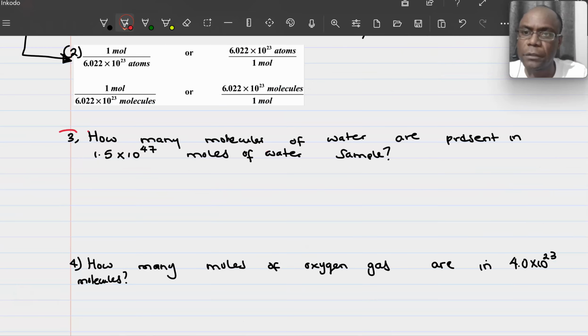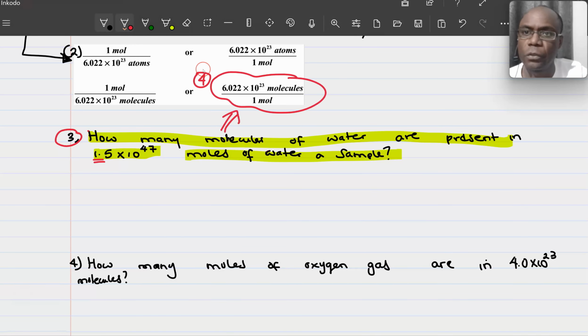a water sample? Which formula do we need? So we need version 4 of the formula because you're going to molecules from number of moles. And this is what I would set up to solve the problem.